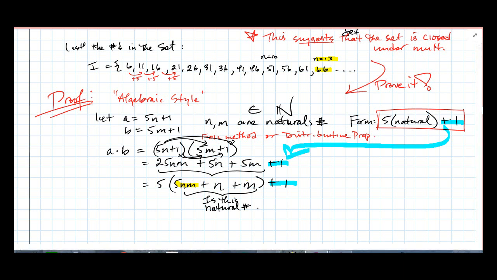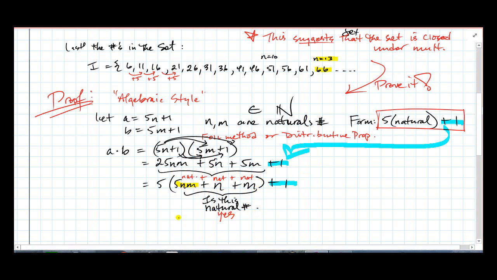So then, okay, so now we know that this is natural, and this is natural. So is a natural plus a natural plus a natural a natural? And the answer is yes, because we showed it's closed under addition. That was from the previous activity. So the answer is yes.